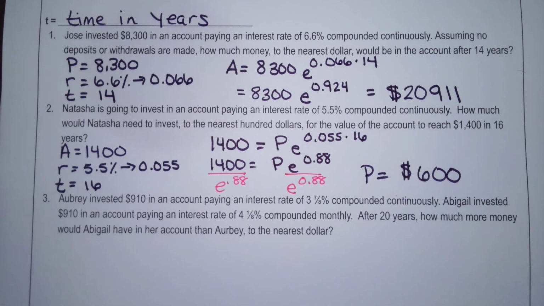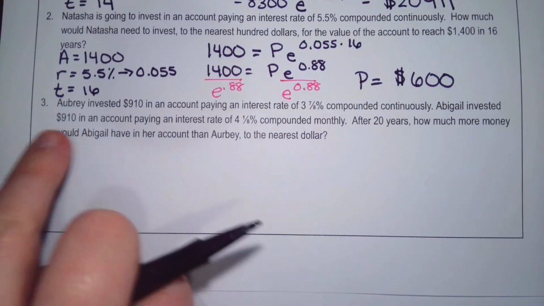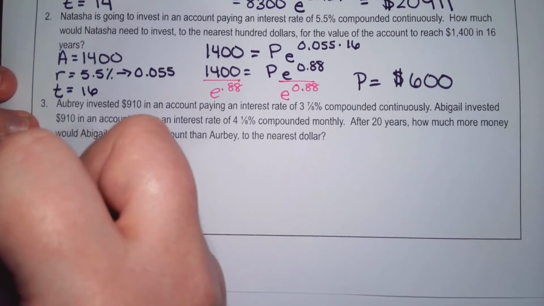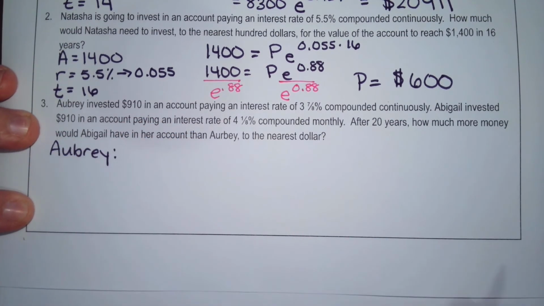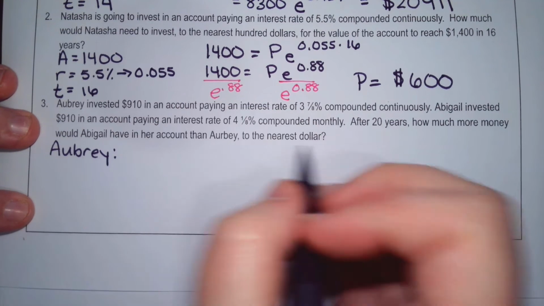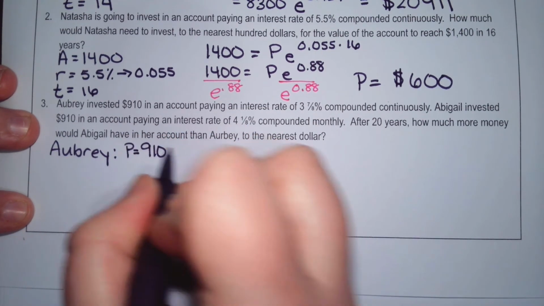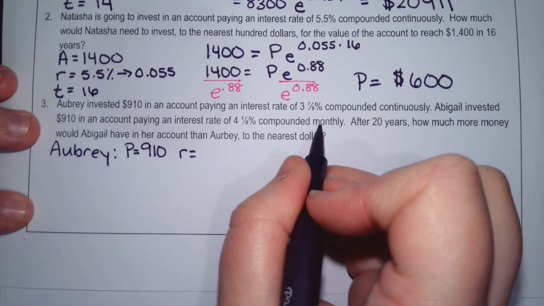So there we go. All right, one more problem, and this is another comparing one. So we have Aubrey invested $910 in an account. Her principal amount is $910, and then her rate 3 7/8.